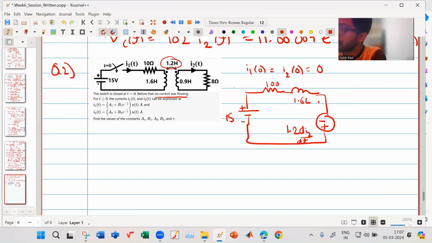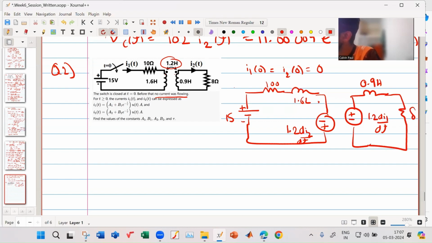For this dot, current is flowing into the first dot, so over here the voltage will be plus 1.2 into di1 upon dt, into 0.9 Henry, into 8 ohm. This is your I1 of t, this is your I2 of t. Is this part clear? This is because of the dot convention.